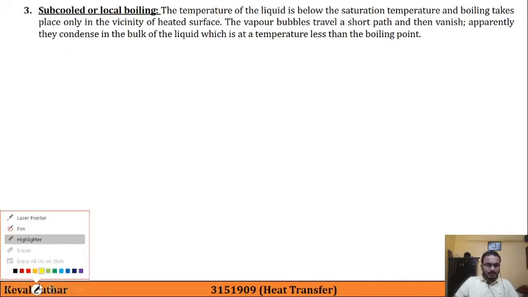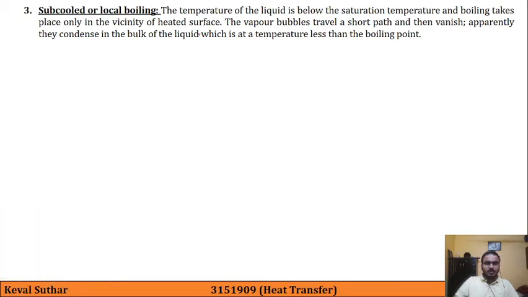Next is subcooled or local boiling. The temperature of the liquid is here below the saturation temperature. Here the boiling takes place only in the vicinity of heated surfaces. So this is a localized phenomenon which happens at some specific spots on the heated surface only.